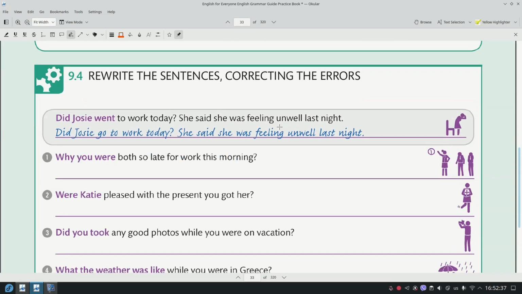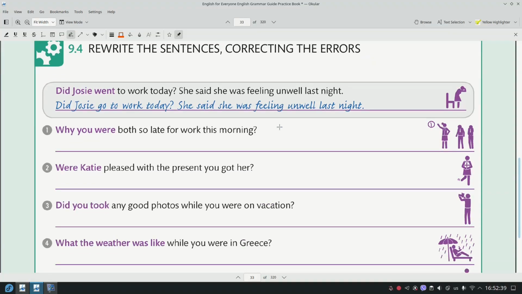Now, let's rewrite the sentences, correcting the errors. Why you were both so late for work this morning? So, the first place takes question word, why. Then we need were. Why were you both so late for work this morning?